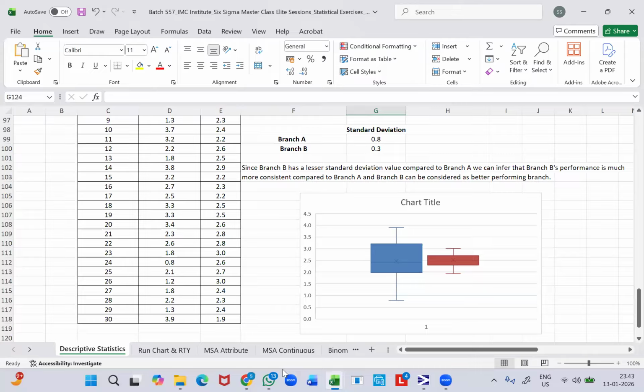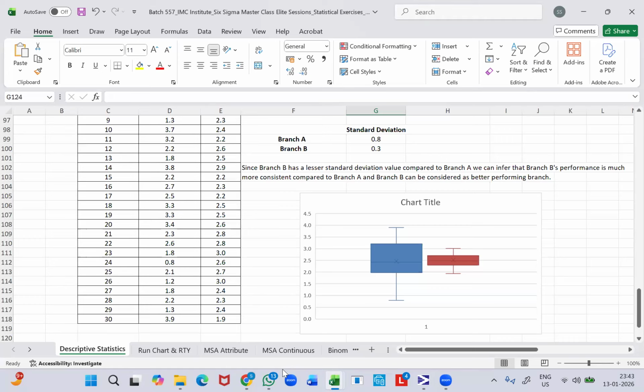The first one is bias. So bias is nothing but the differences in the average of the measurement values provided by the multiple appraisers and the reference value.